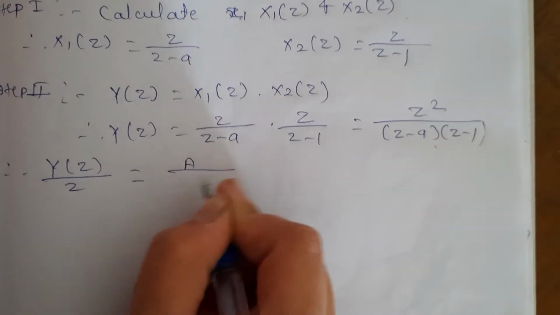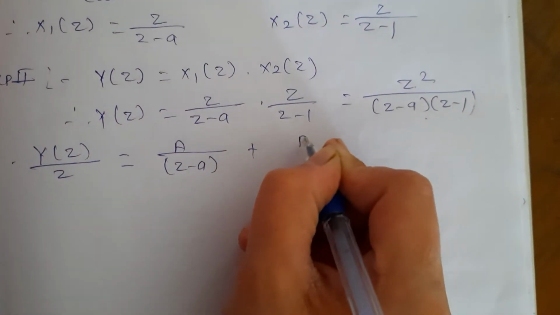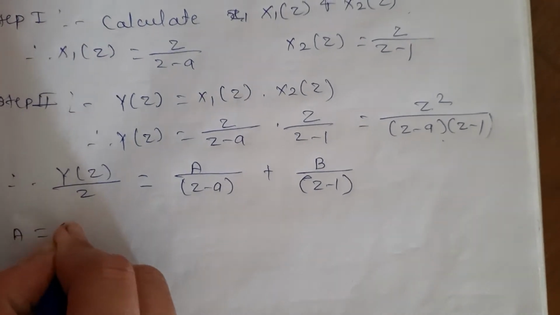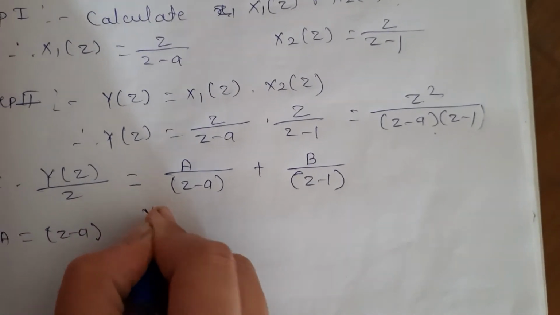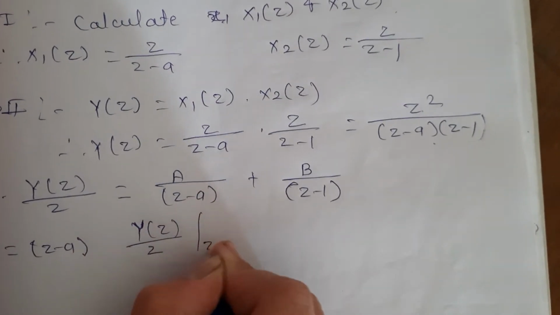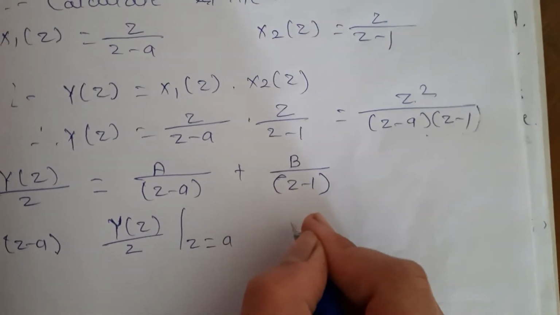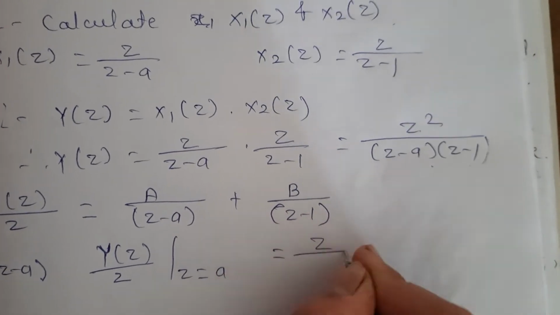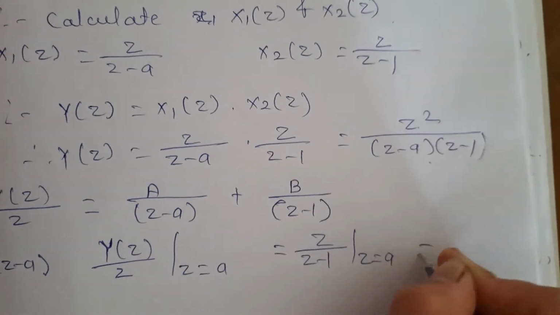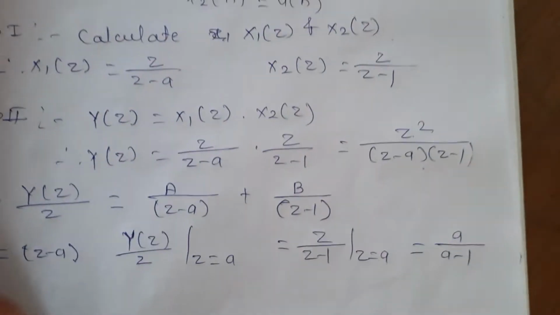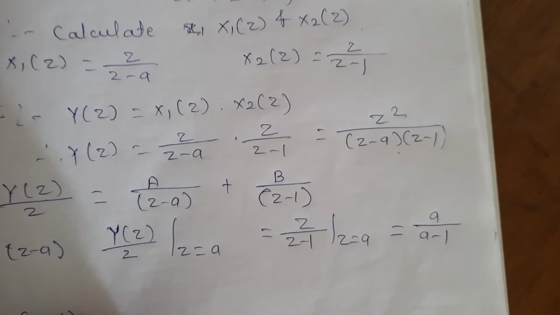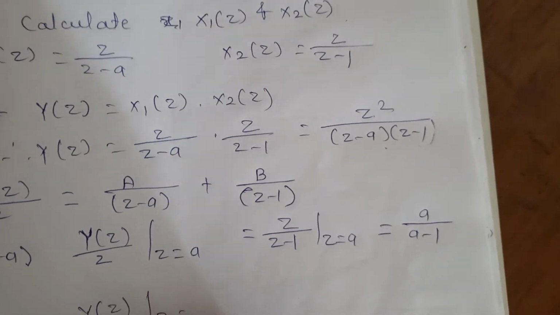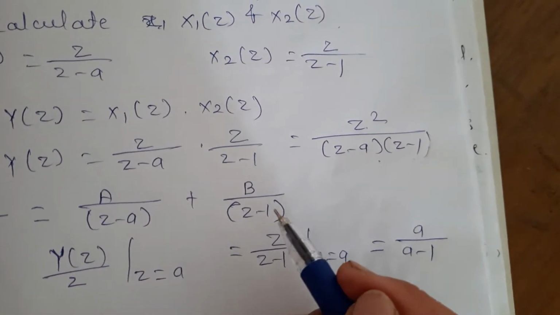So the next step is A/(z minus a) plus B/(z minus 1) partial fractions, where A is equal to a by a minus 1 by substitution, and B is equal to (z minus 1) into Y(z)/z. So Y(z)/z value is this total value, so we substitute there.